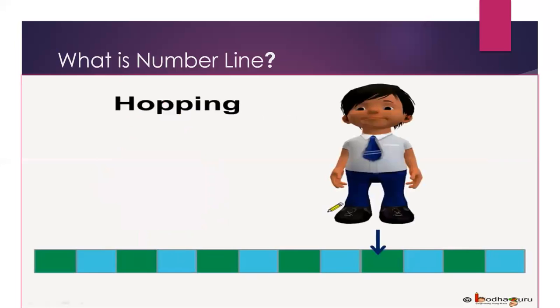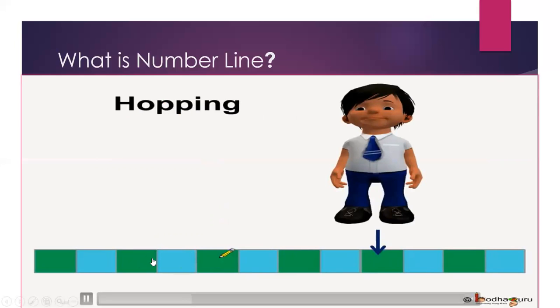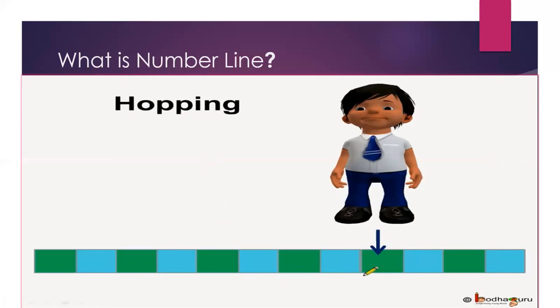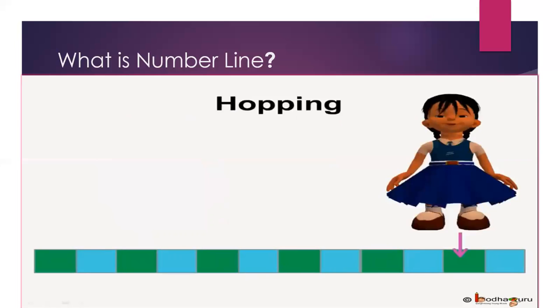Next, Aman continued to hop till this square. Let's count it. 1, 2, 3, 4, 5, 6, 7, 8, 9. Aman hopped till square number 9. And what about Khushi? Khushi hopped till here.